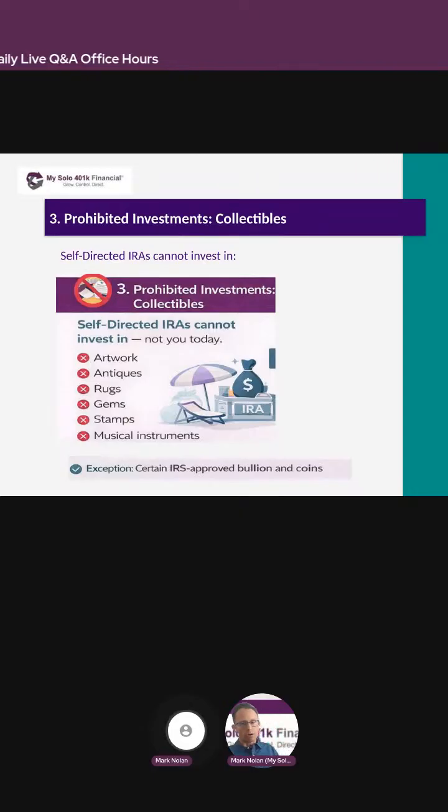Well, artwork. So you might have a favorite painter and you want to use your solo 401k or self-directed IRA to buy art from that painter. Well, that's not allowed. Also rugs. Maybe you took a nice trip over to the Middle East and you found a nice Persian rug that you like. Well, that's disallowed.